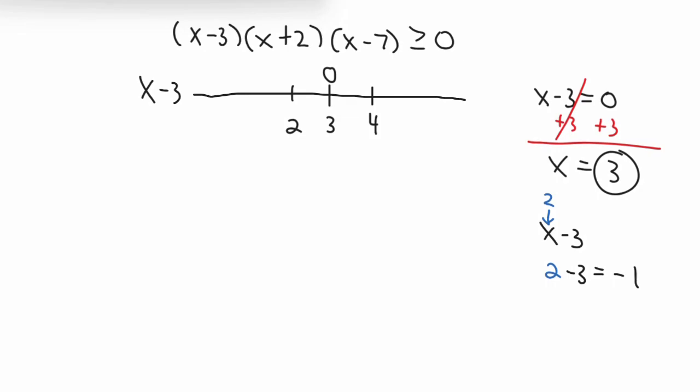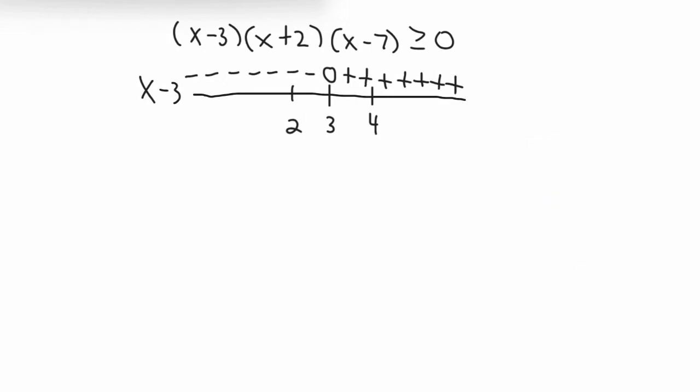So for values smaller than 3, the sign of x minus 3 is going to be negative. Now if we plug in 4 for x, you get 4 minus 3, which equals 1. That's positive. So for values greater than 3, like 4, x minus 3 is going to be positive.